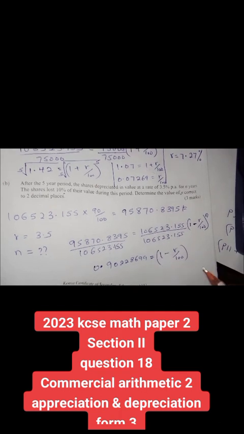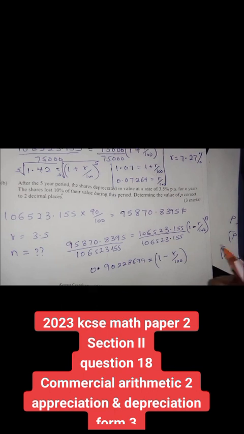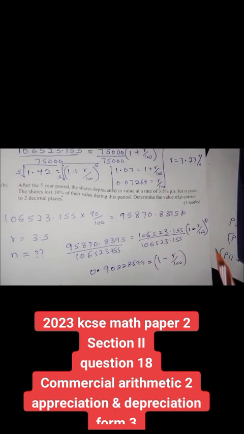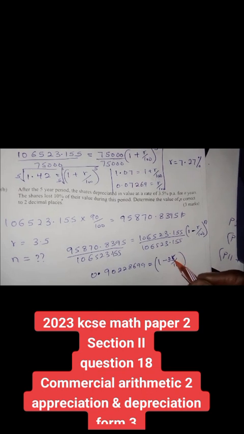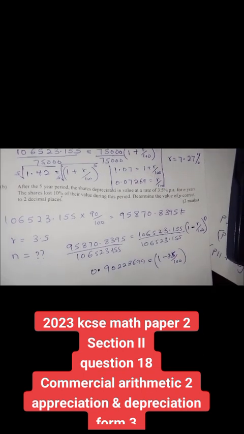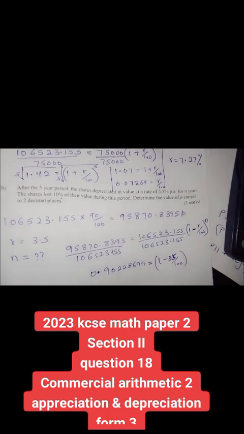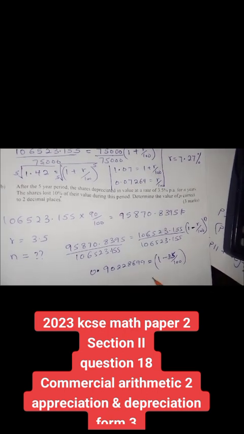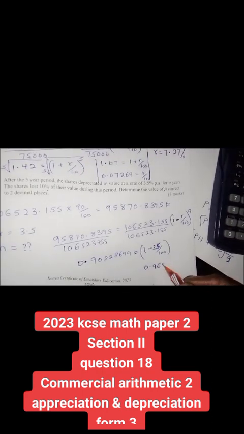So to determine the number of years, the rate was 3.5. The one inside the bracket is 1 minus 3.5 divided by 100, which gives 0.965, to the power n, equals 0.9022.